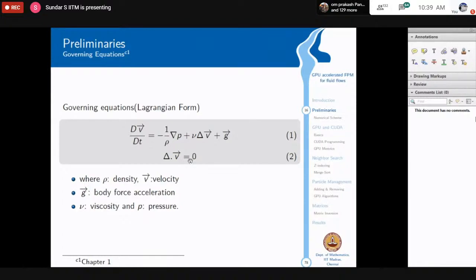The first equation, since it is an incompressible flow, is divergence free. There is a mistake: it's divergence of V equal to 0, not the Laplacian. The divergence of V is 0. It's a del operator, and this one is the Laplacian. Rho is the density, V is the velocity, G is the body force acceleration, mu is the viscosity, nu is basically the kinematic viscosity, and P is the pressure.